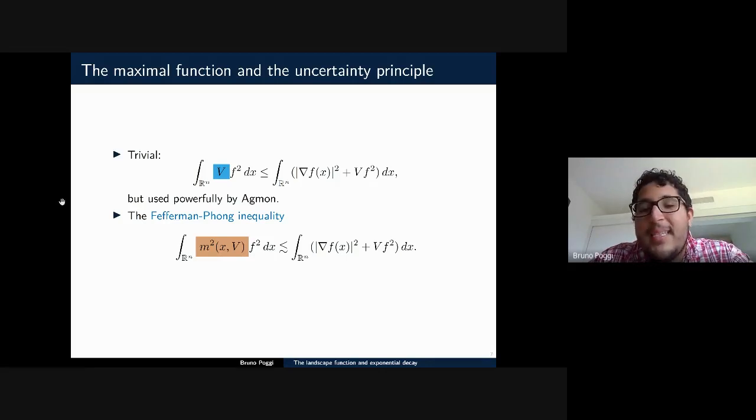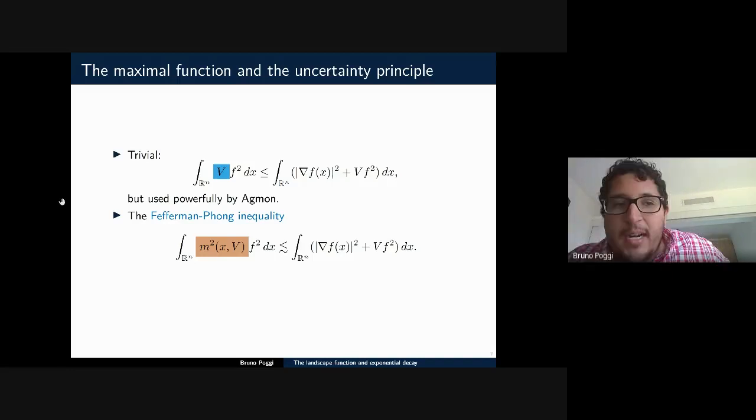This inequality is trivial because the kinetic energy term is non-negative, so you can just throw it out. Even though it's trivial, you can obtain a lot of information from it if you know that your potential is good, if it doesn't degenerate too much. So it was used very powerfully by Agmon to give exponential decay.